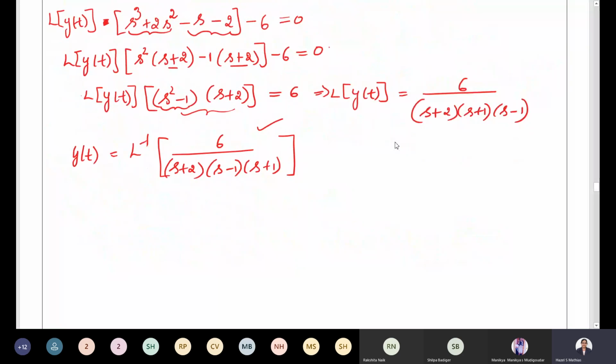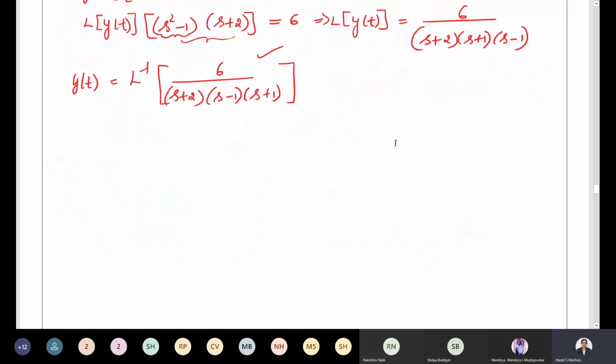You have in the denominator a product of different linear factors. So we will use the concept of partial fractions. That is, we have to find the inverse of this term: 6 divided by s plus 2 into s minus 1 into s plus 1. So what do we get from this?